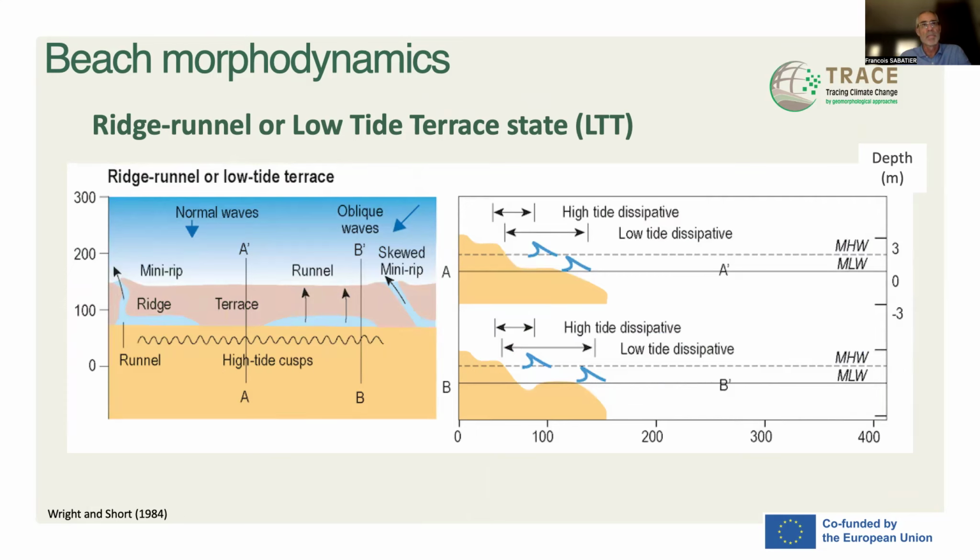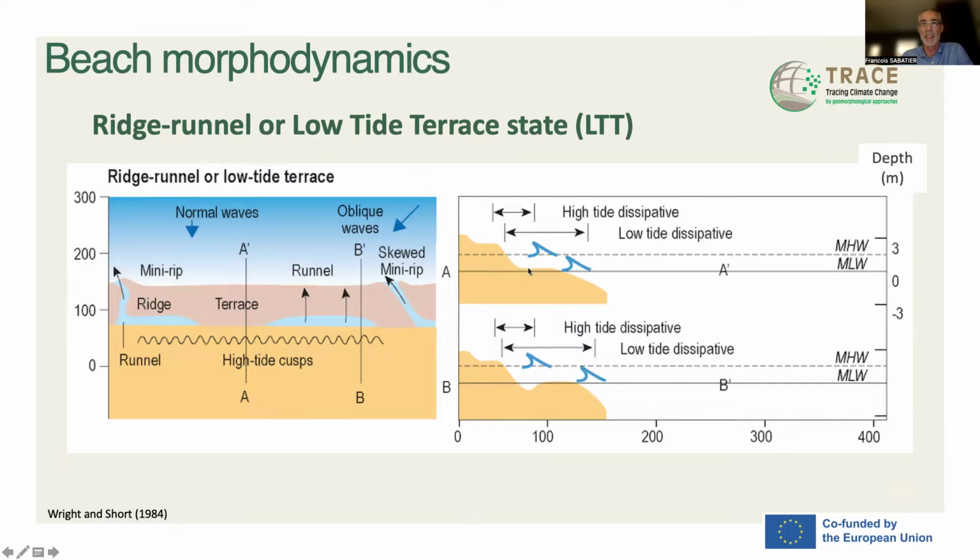And the last morphology is what we call ridge and runnel or low tide terrace. It is often observed on beaches where tide plays a more important role than in the previous morphologies. Wave breaking changes depending on the water level. At low tide, waves dissipate their energy across a shallow sandy terrace located offshore.